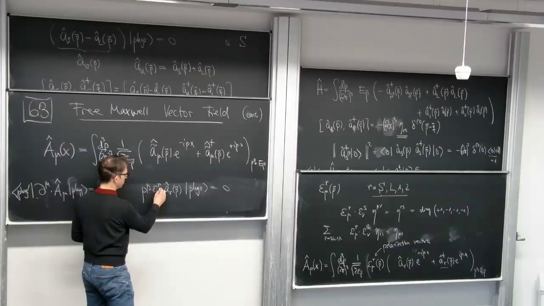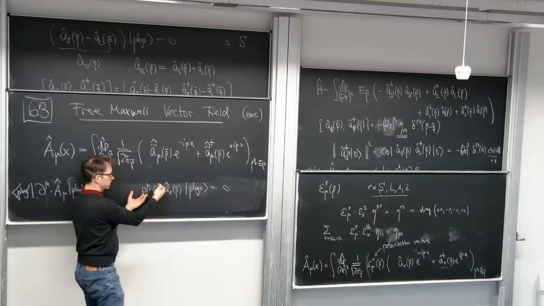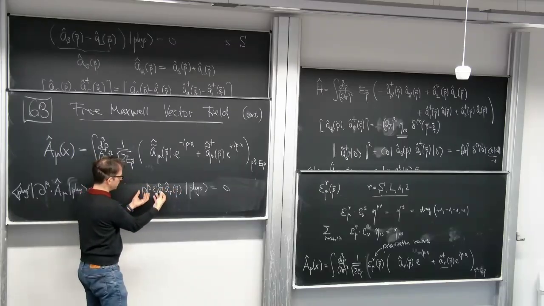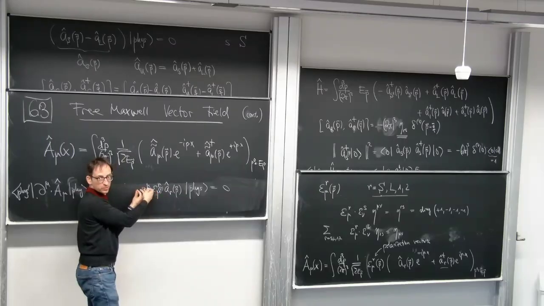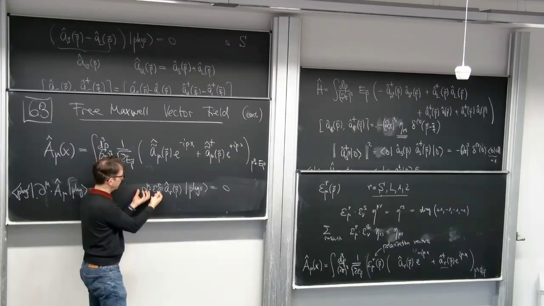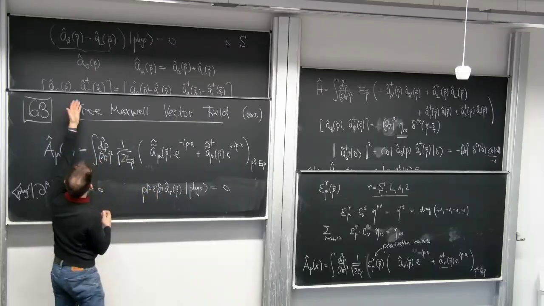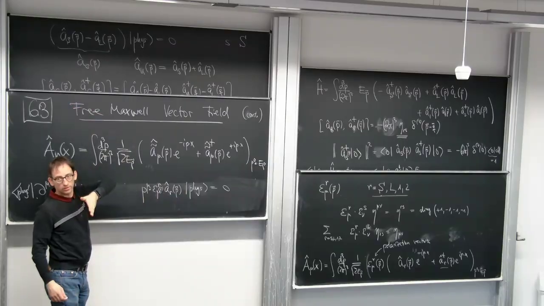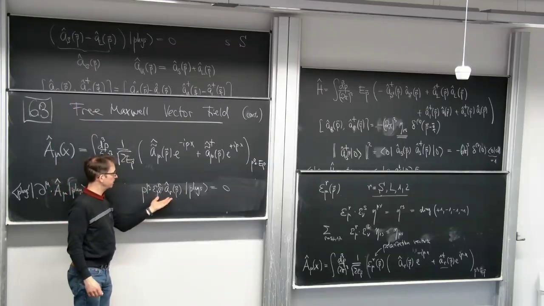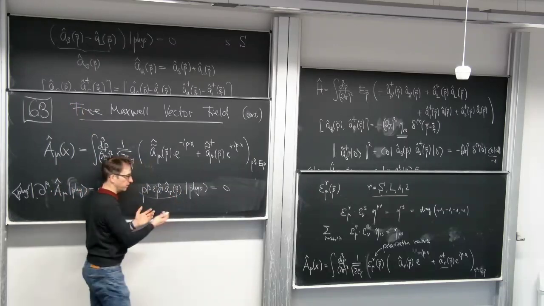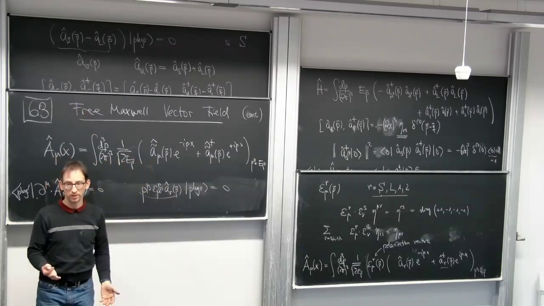So the epsilon is p dependent, and this is the condition for all the p's, but this epsilon aligns itself with this p here, so you always get the combination I wrote there, scalar minus longitudinal. In this sum, only the combination scalar minus longitudinal survives.